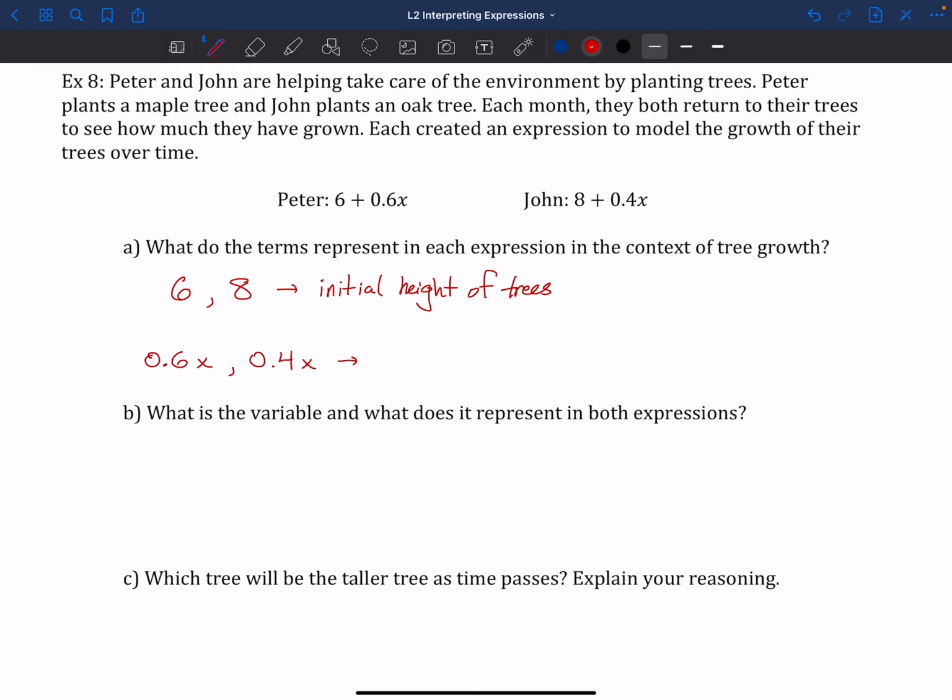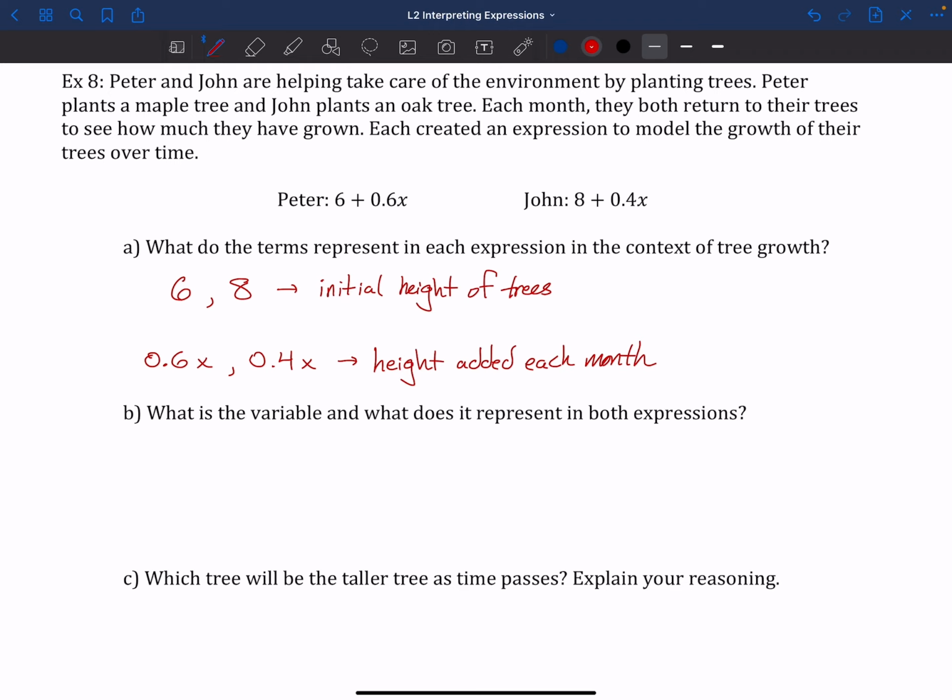As we've been seeing, where you've got a coefficient and a variable, it's talking about how much things are changing. So we could call this the height added each month. Because the trees are growing, we're adding on that little bit every single month.